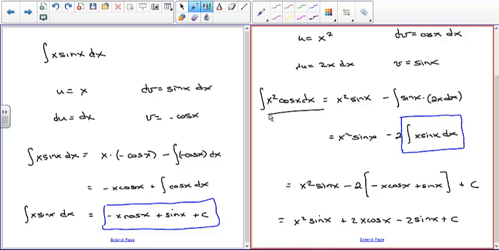I usually put at least one on the test, which is not this test that's coming up, not the chapter 8 test, one where you have to do integration by parts twice. It's usually x squared e to the x, x squared sine x, or x squared cosine x.